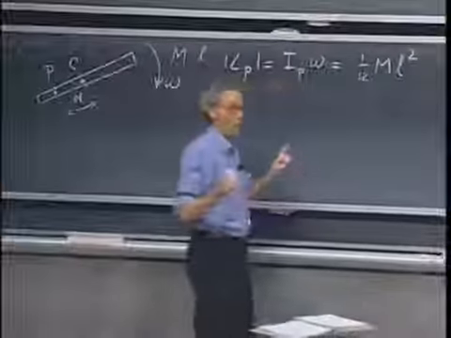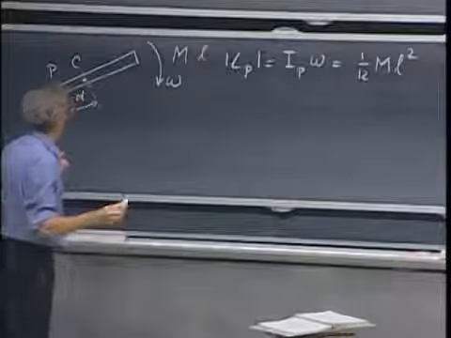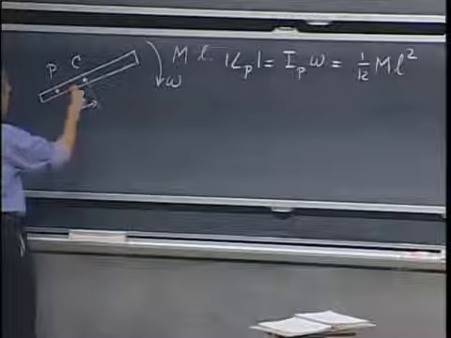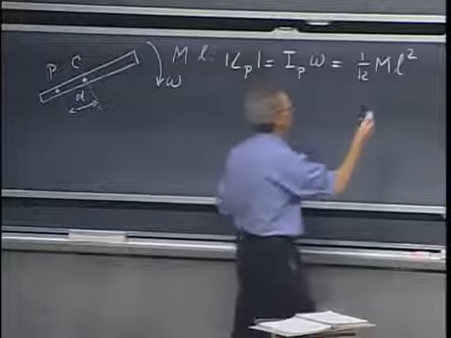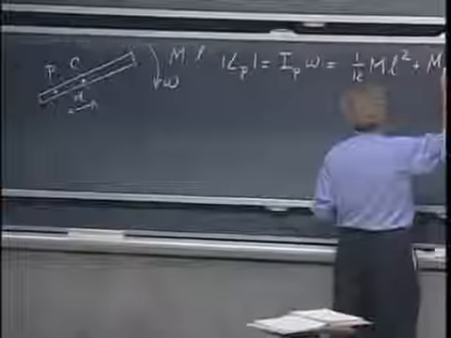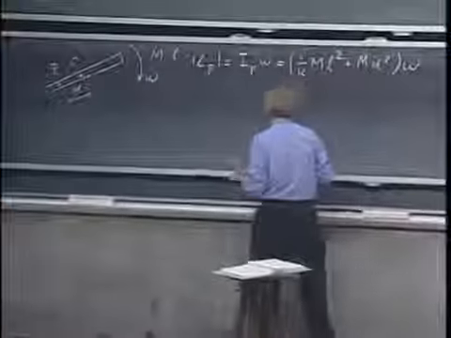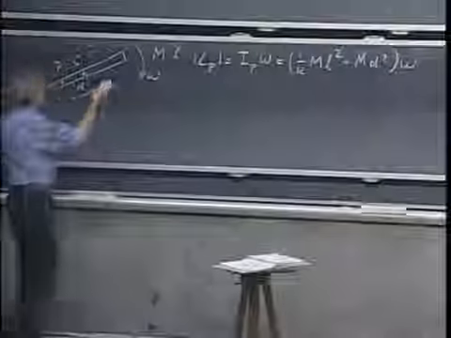Well, I just looked that up in a table because I don't remember that. So that would be the moment of inertia about this axis, and then the parallel axis theorem tells me I have to add plus m d squared, times omega.